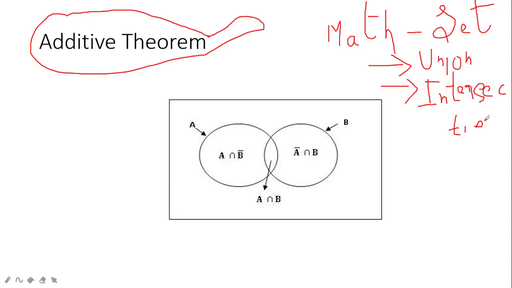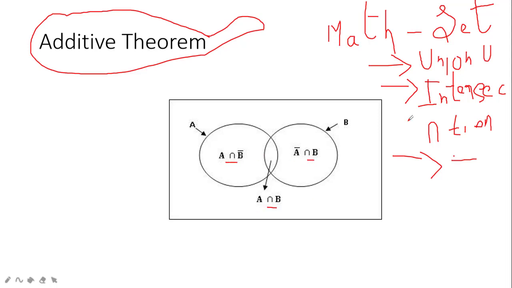There are two symbols for these. For union we use the U symbol, for intersection we use the reverse U symbol, and we also use a bar for the complement.